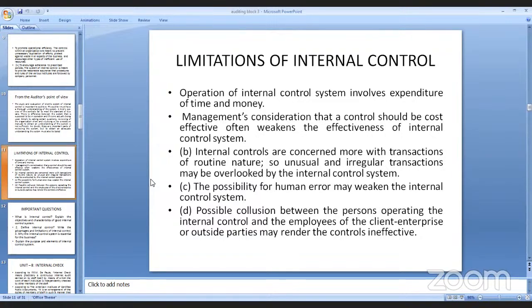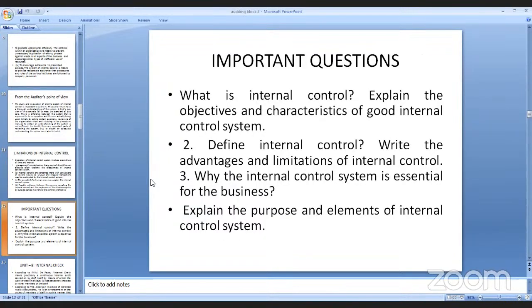Is it clear, ma? Yes, ma'am. Okay, fine. Next, important questions, you note down, ma, in this unit.